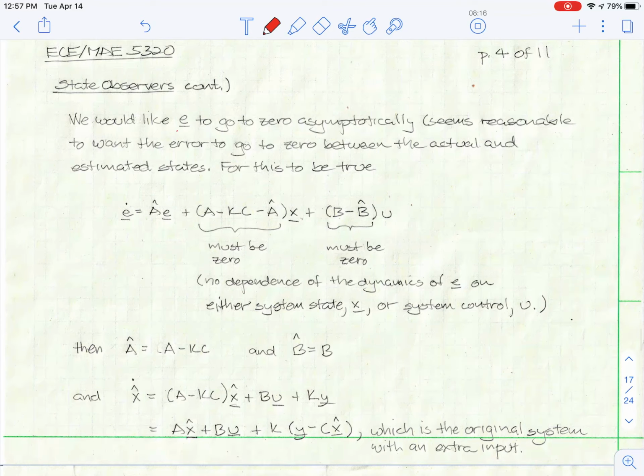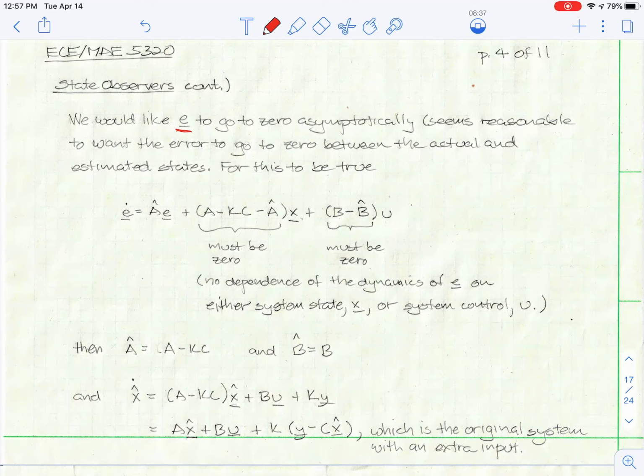Now we would like the error e to go to 0 asymptotically. That seems a reasonable thing to want, because I want the error between the estimated state and the actual state to be 0, or small enough, close to 0.